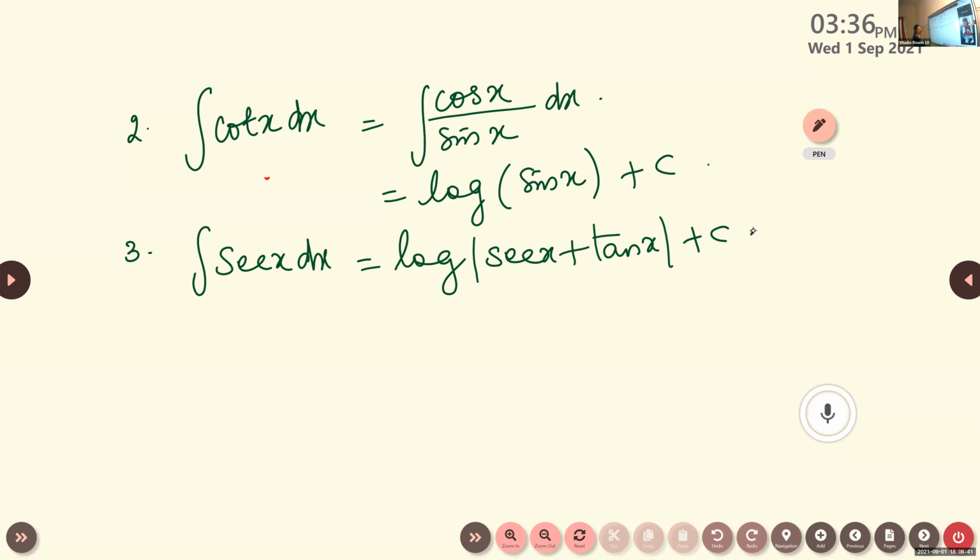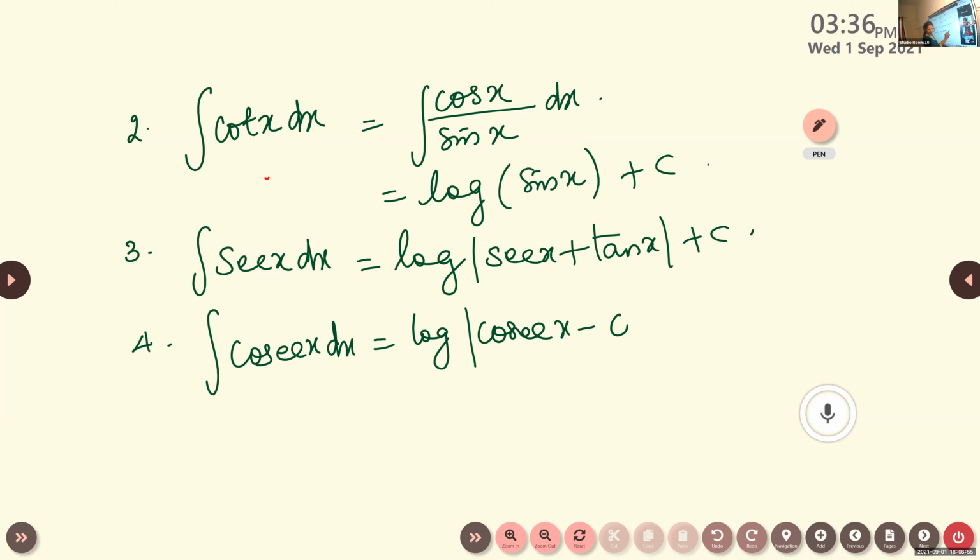Integral of sec x is log sec x plus tan x. The fourth one, integral of cosec x dx is log cosec x minus cot x plus c. Integral of cosec x is log cosec x minus cot x plus c.